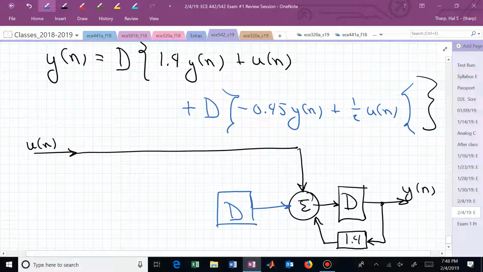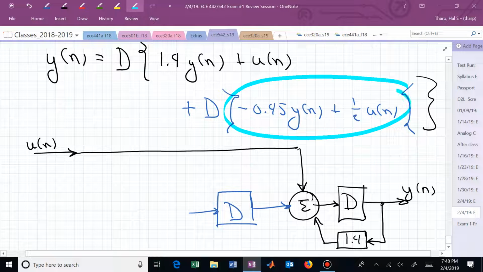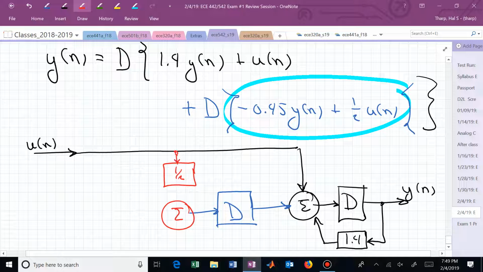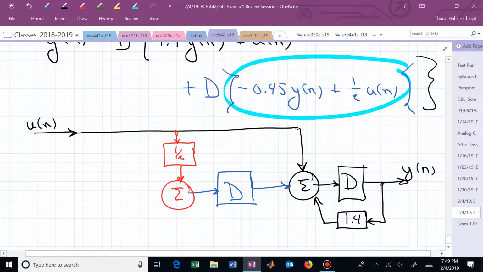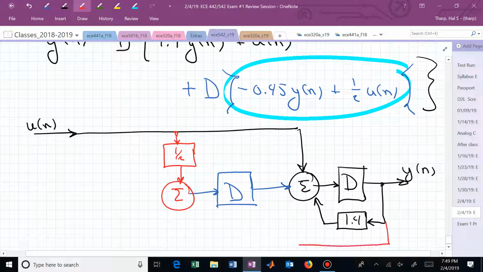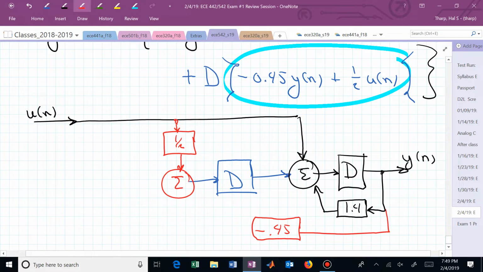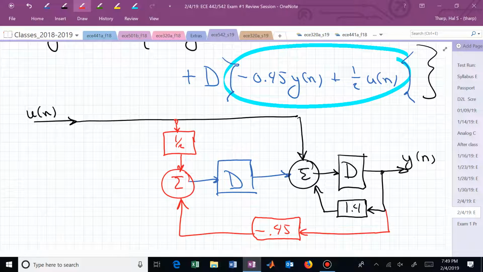And the input to this delay block is what's right there. And that is going to then be one-half times u of n and minus 0.45 y of n. Is it clear where that came from or how we built that?